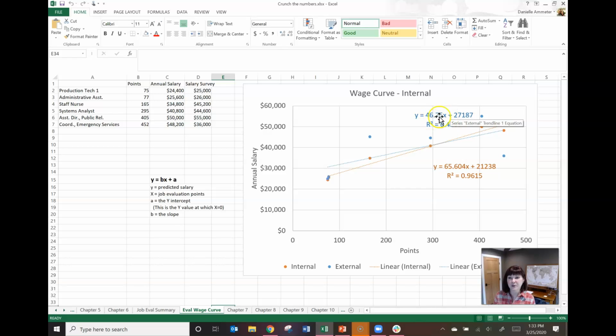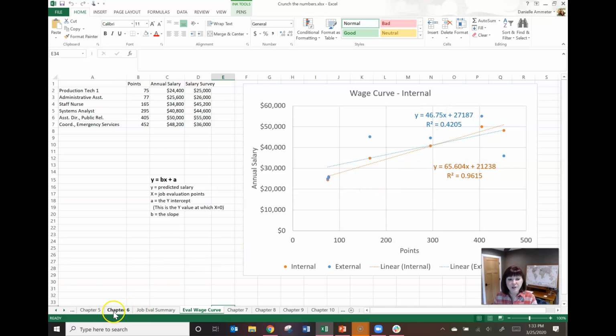Then what's that? 46.75 is the slope of the line. So what we're saying is for each job evaluation point, the slope is going to be $46.75. So that's what we're talking about.